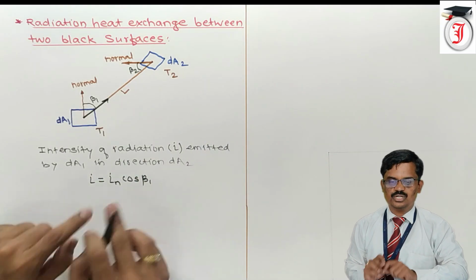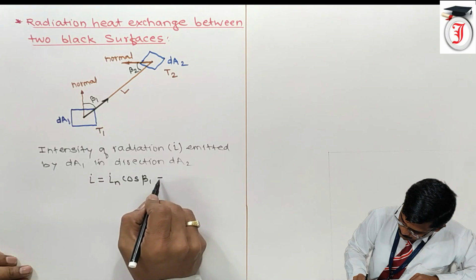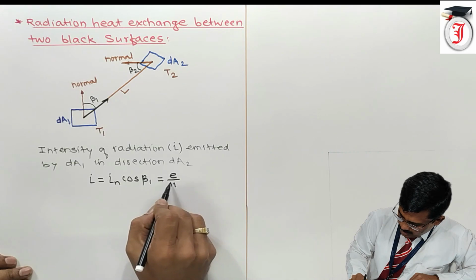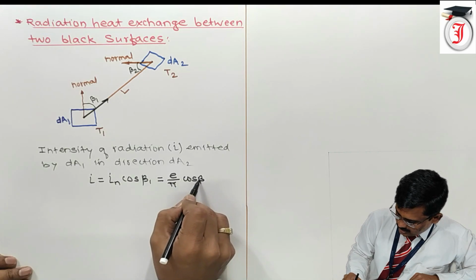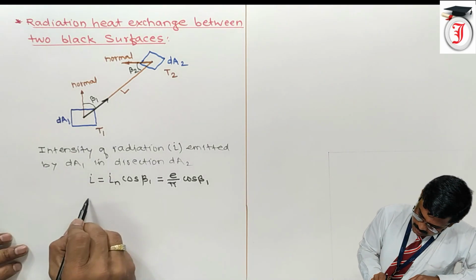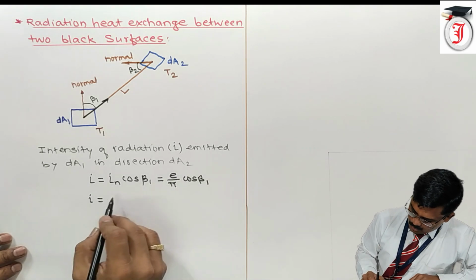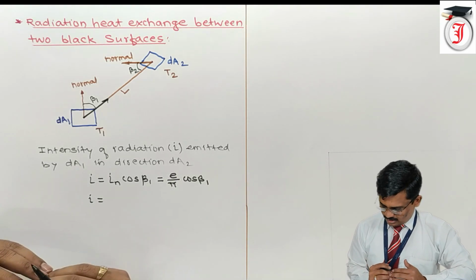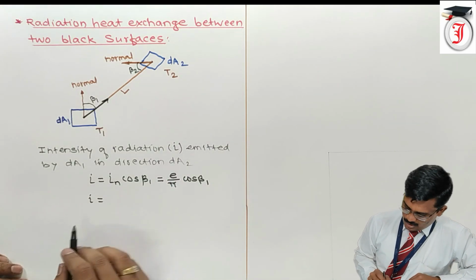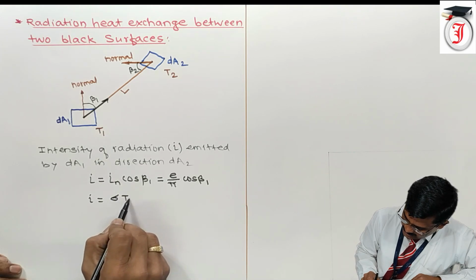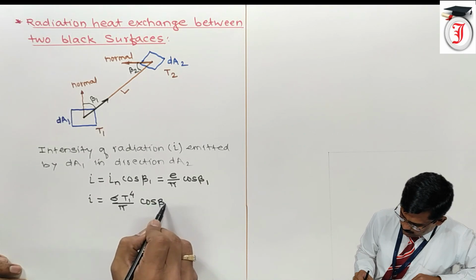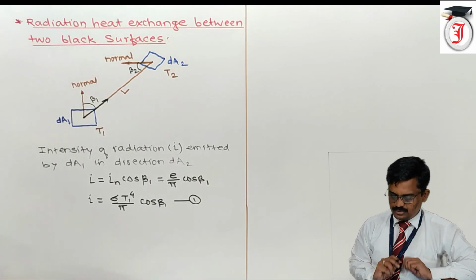We know this is Lambert's cosine rule. We know the value of In is equal to E by pi, so I is E by pi cos beta 1. Now let us put the value of E, and E is nothing but the emissive power. So this is sigma T1 raised to 4 upon pi into cos beta 1. Let us consider this as equation number 1.